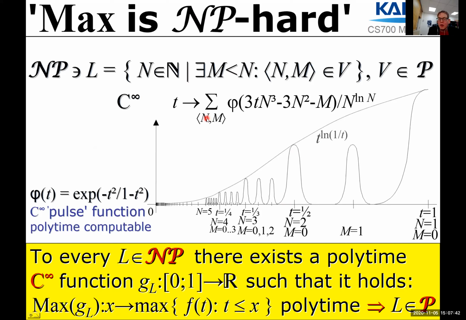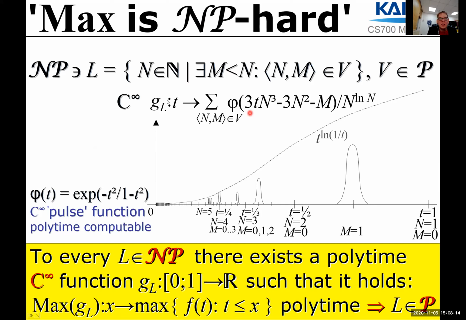And we're going to keep only those pulses that correspond to such pairs that belong to the set V, the same way we did previously, but now V is this particular polynomial time decidable set, namely the witness set, the verifier set. Okay, so as you see in this example, now again some pulses remain and others have vanished. And let us record.